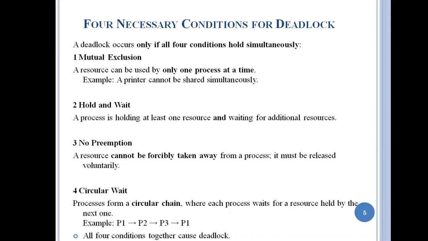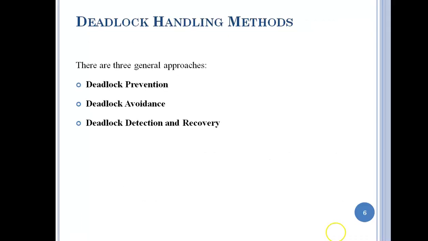Third is no preemption, which means a resource cannot be forcibly taken away from the process. It must be released voluntarily. And the fourth one is circular wait, where processes form a circular chain where each process waits for the resource held by the next one. Example, process P1, then P2, then P3, then again P1. So all four conditions together cause a deadlock.